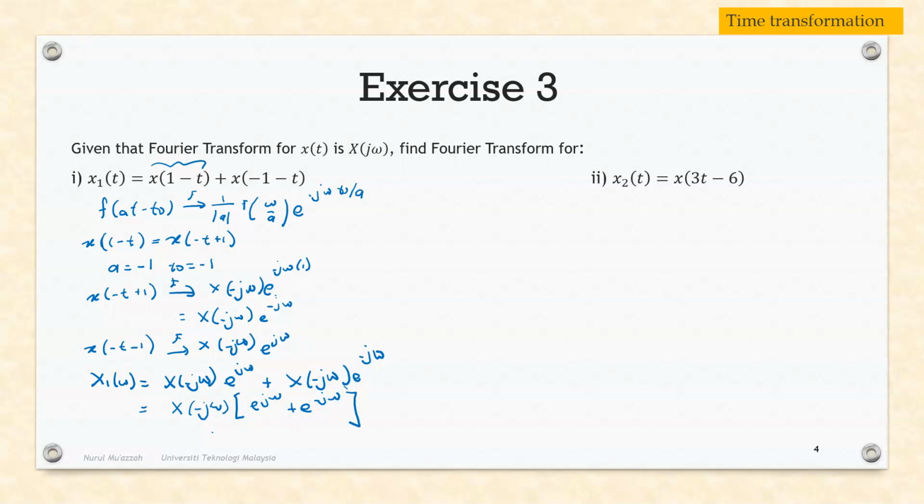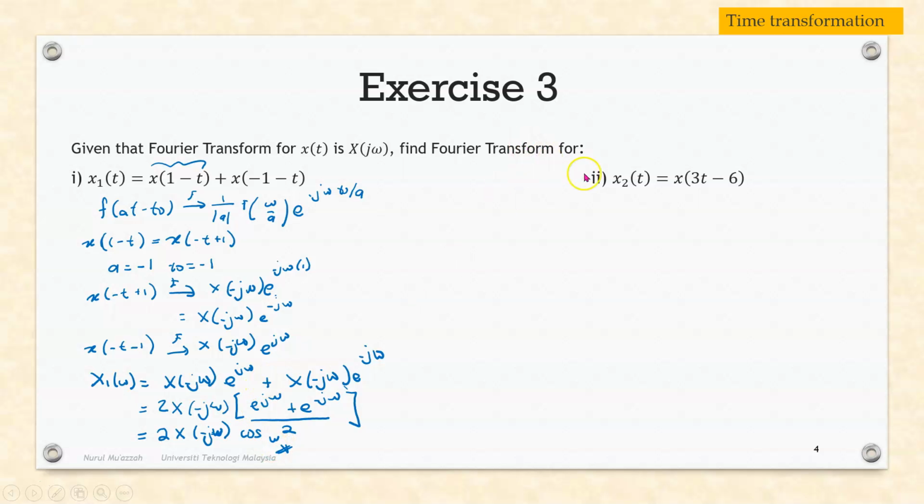Here you can further simplify it into a cosine function, because these are two exponent functions with opposite signs. So we divide by 2 and also multiply by 2, so that this becomes 2X(-jω) cos ω.